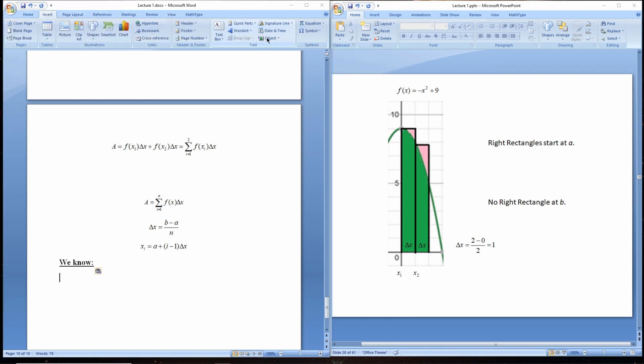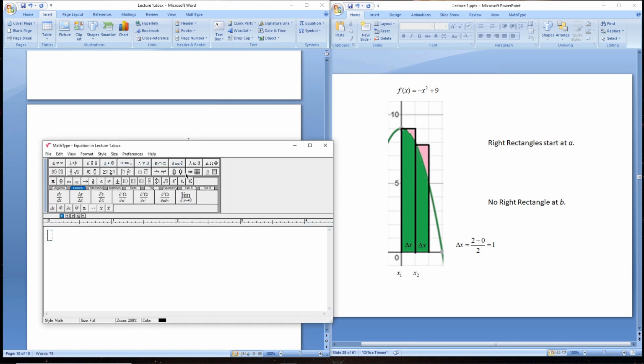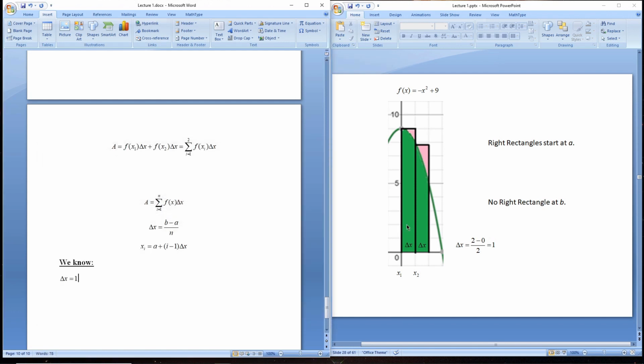So we know from the information given and using our equations here that we have a delta x of 1. That is the thickness of our rectangle.